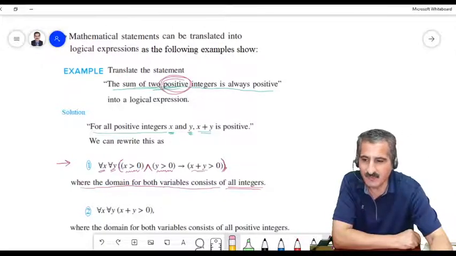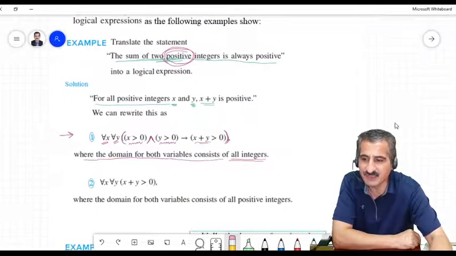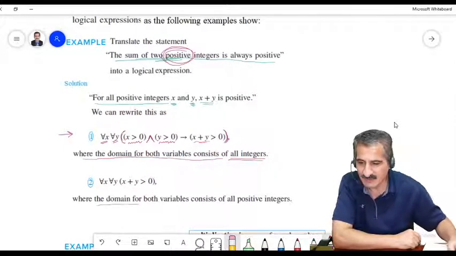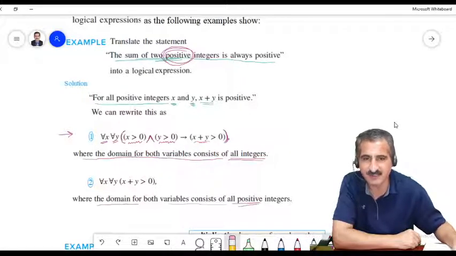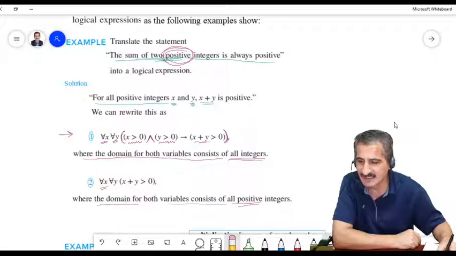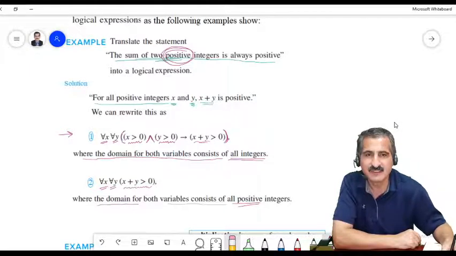Okay, now what happens if we change the domain, but this time the domain of the variables x and y consists of positive integers. So simply we will say there exists x, there exists y, such that their summation is positive.